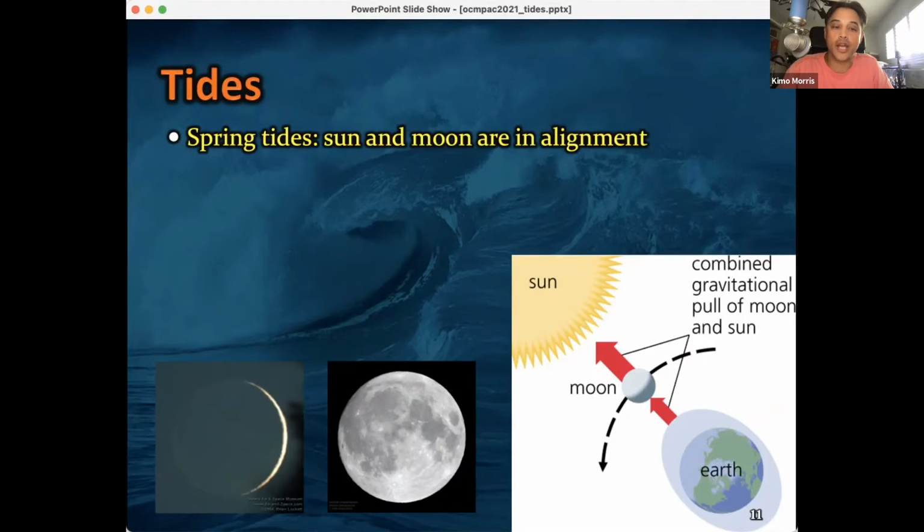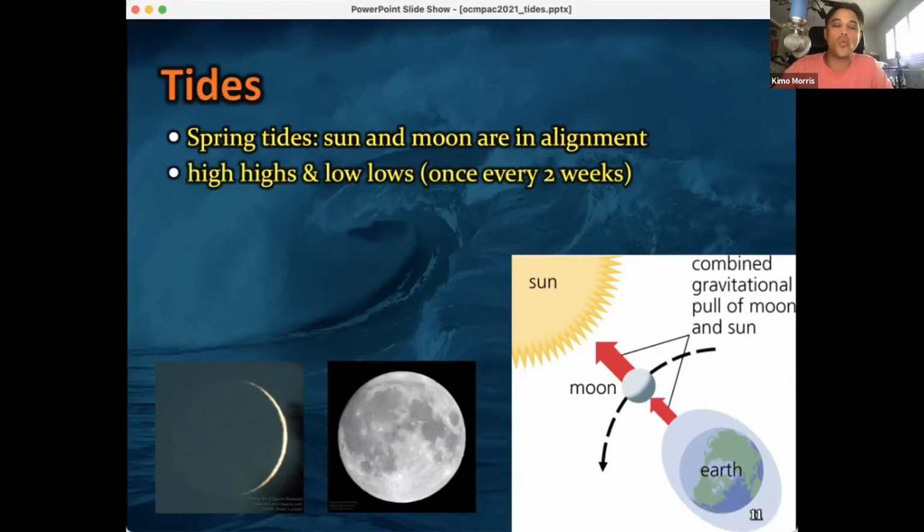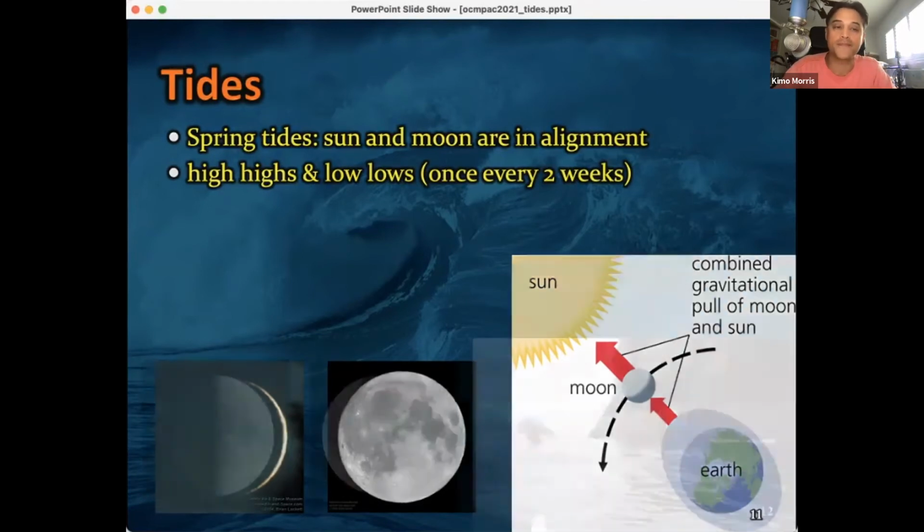The sun is either shining entirely on the surface, which means that they are literally right on opposite sides of the earth, or that it's actually blocked, and the part that's being lit up by the sun, you can't see. It's on the backside to us. So we experience these as very high tides and very low tides. And this occurs roughly every 2 weeks.